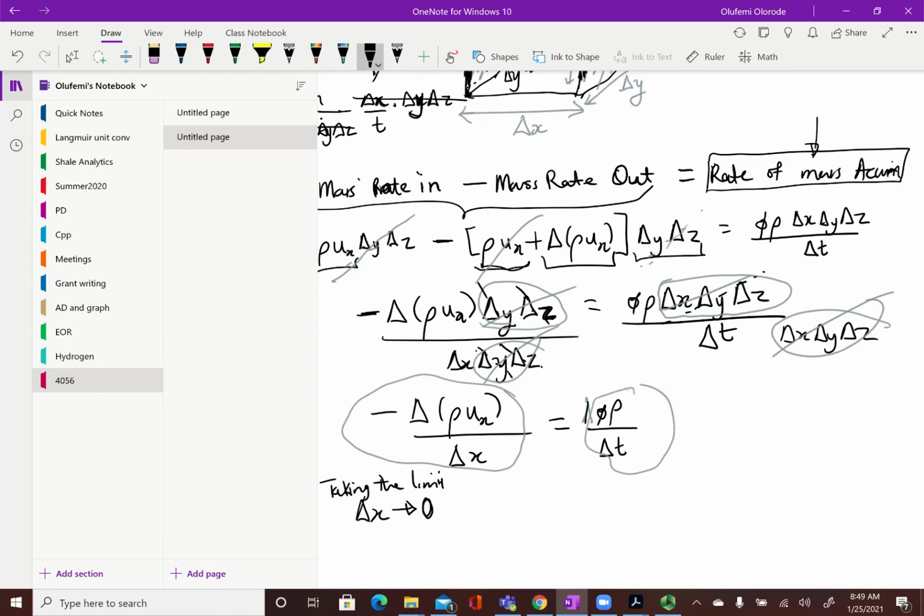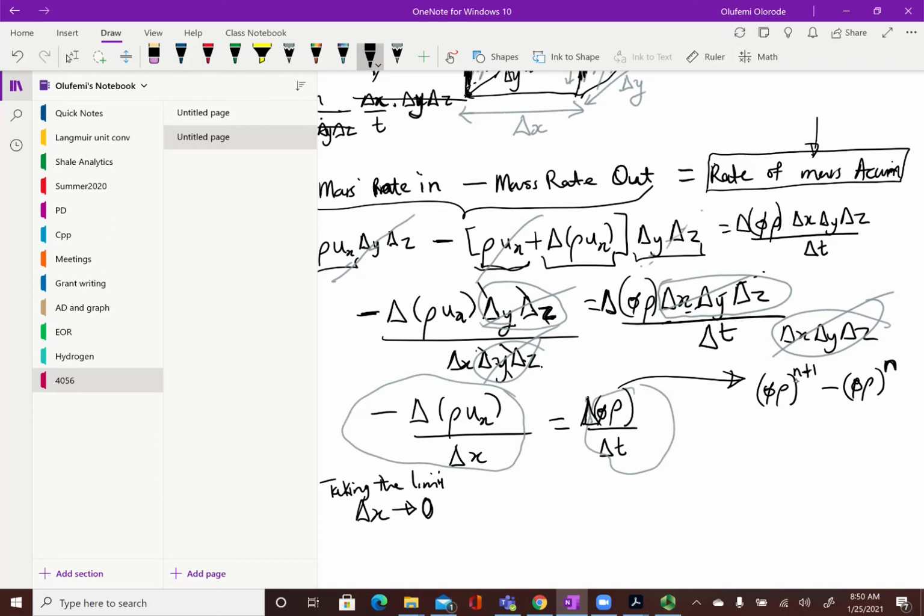This is change in this per unit time. I should have pointed out earlier, it's change in this per unit time. That's the rate of mass accumulation. And what's that change per unit time? It's precisely at the current time step minus the same thing at the previous time step.